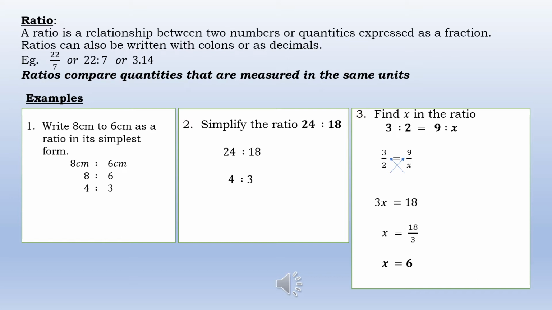Now let's move on to the examples. Number 1, write 8 centimeter to 6 centimeter as a ratio in its simplest form.